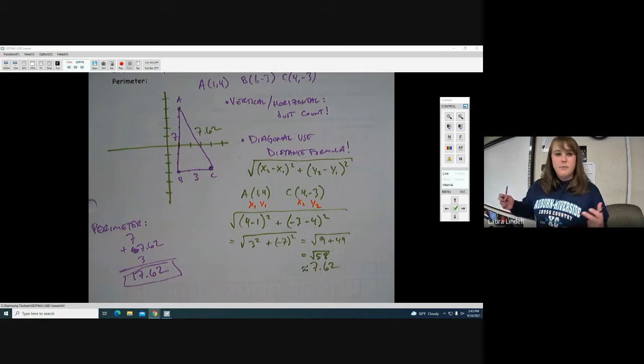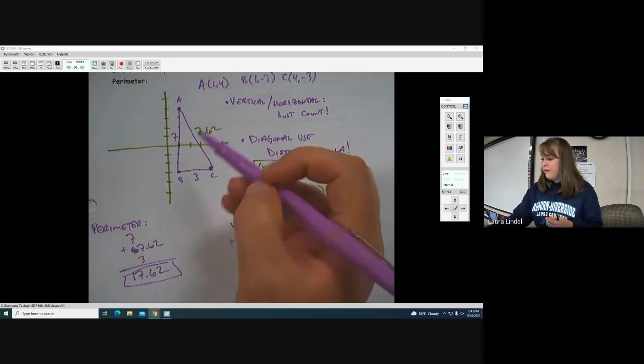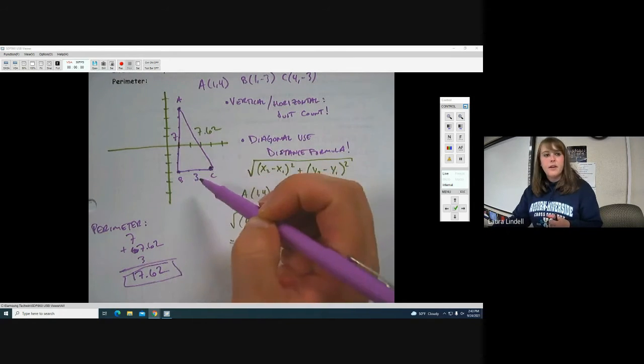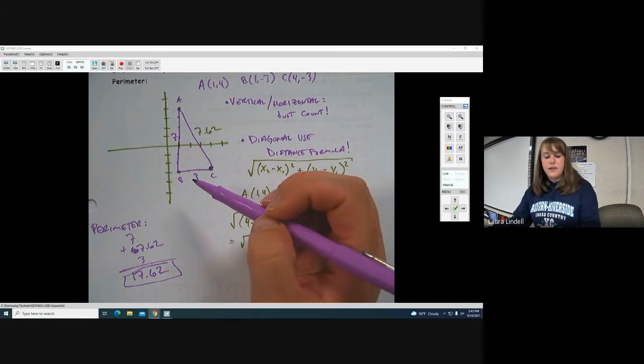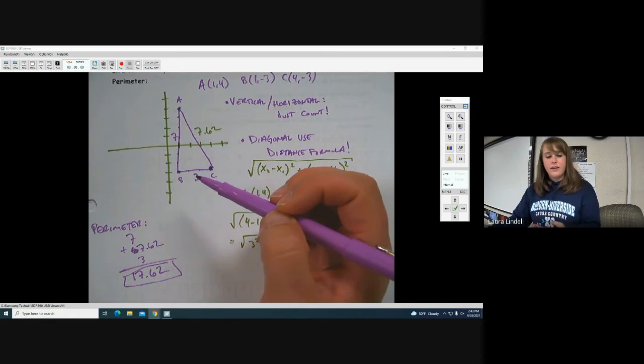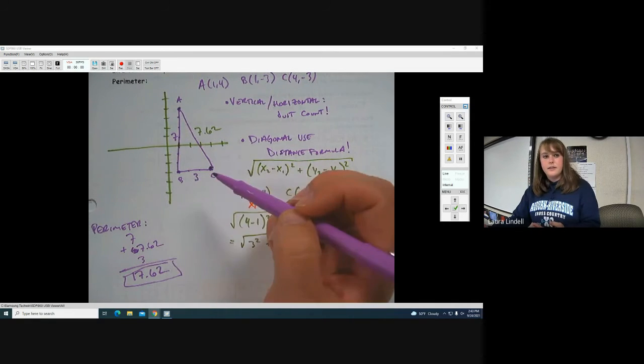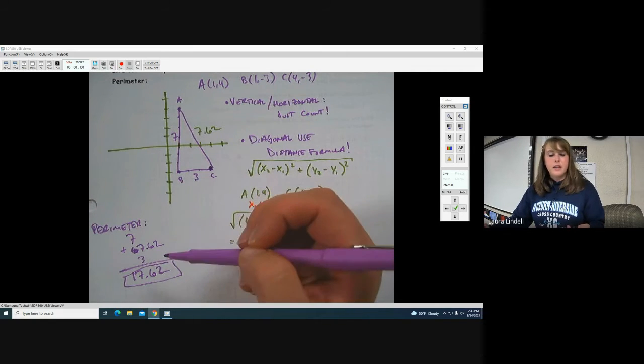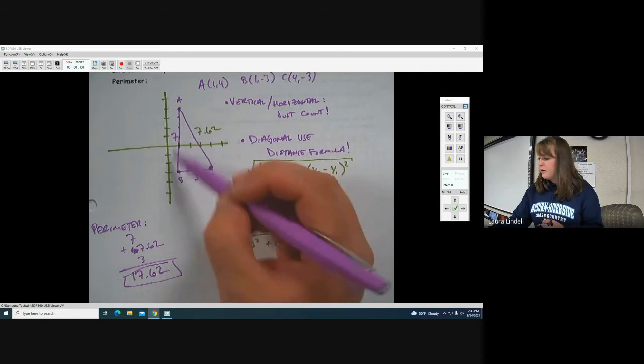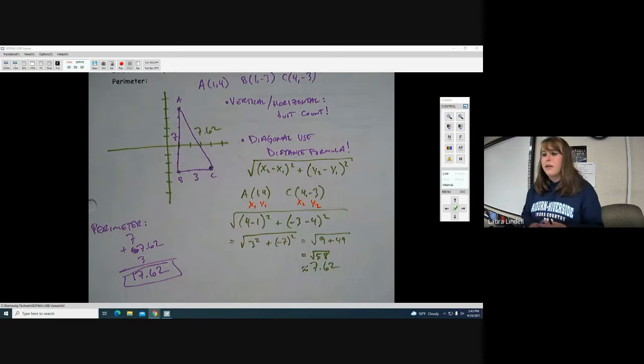They use the distance formula and think, I'm done, right? And they just say the answer is 7.62. But if you're asked for the perimeter, you need to make sure you're adding up three things if you're doing a three-sided shape. If you're doing a four-sided shape or a five-sided shape, you might have to add 4 or 5 things together in order to get the perimeter. So keep in mind, that's an easy way to check yourself. Do I have everything I need? Well, you have to have all of the sides.